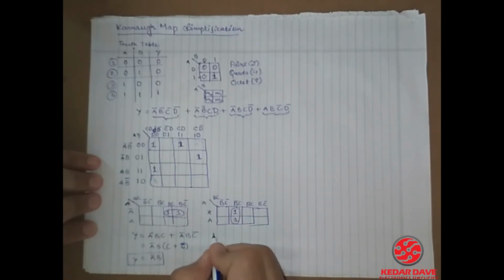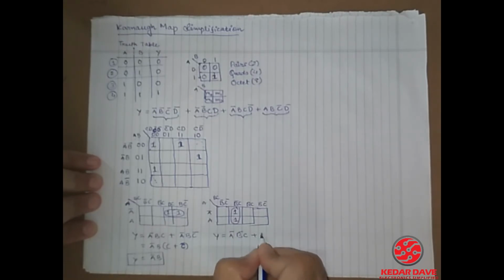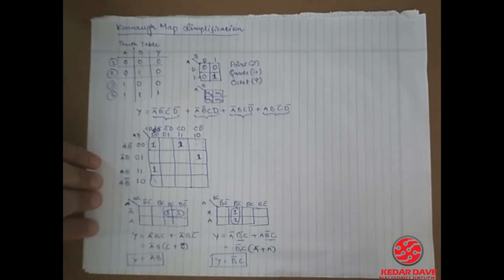So what we need to write is that Y is equal to A bar B bar C plus A B bar C. Simplifying this, we can get B bar C as common. So B bar C into A bar plus A. So this term will be 1. So the output will be B bar C, like this way. Y is equal to B bar C.